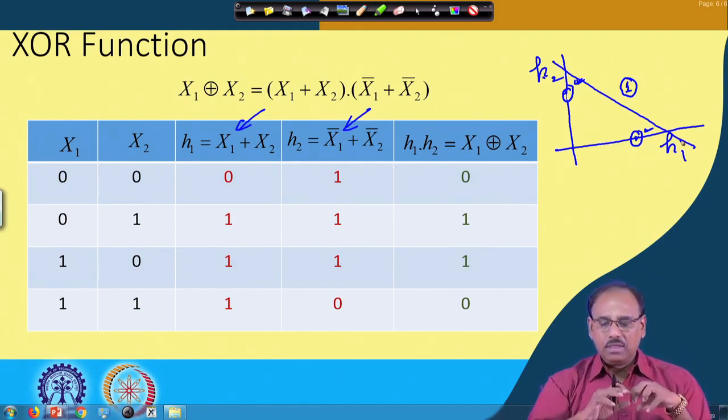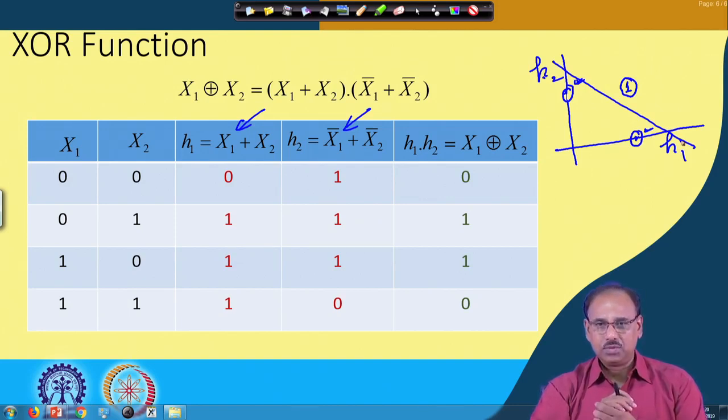So, the first nonlinear mapping, or the first step, when I am computing x1 OR x2 and x1 NAND x2, these two operations are transforming my input vector to an intermediate vector given by h1, h2.